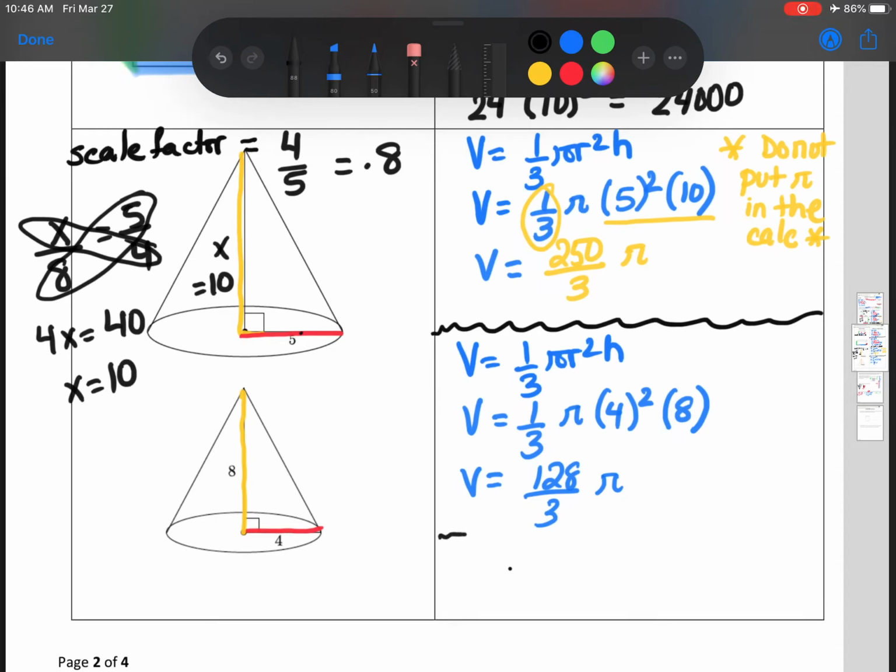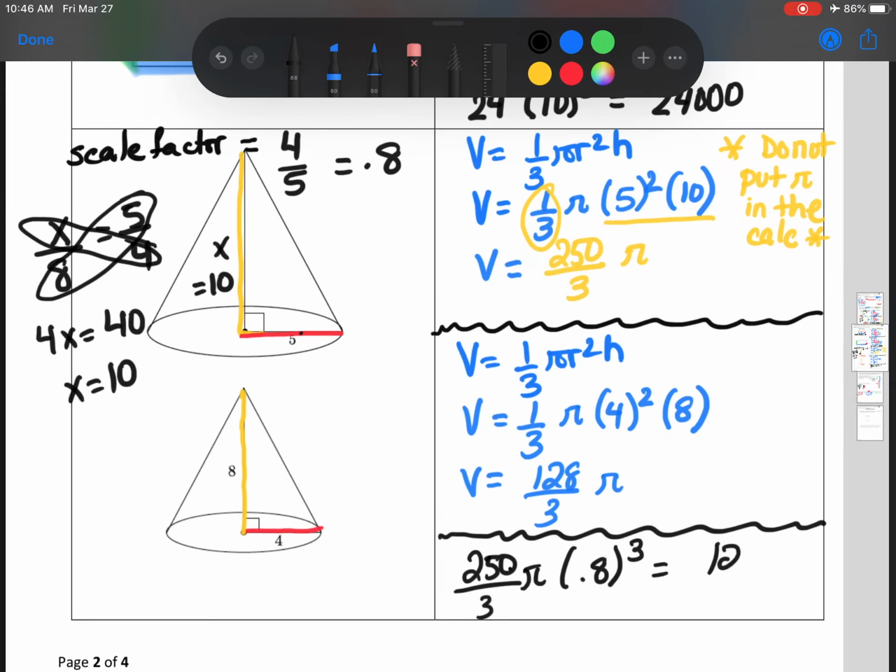So anyways, let's show the relationship, which is what? 250 over 3 pi, if I take my scale factor, which is 0.8, and cube it, I do end up with 128.